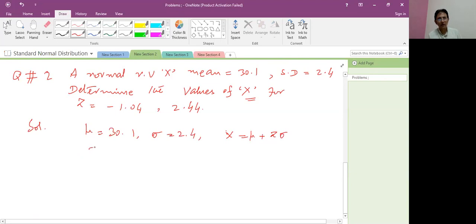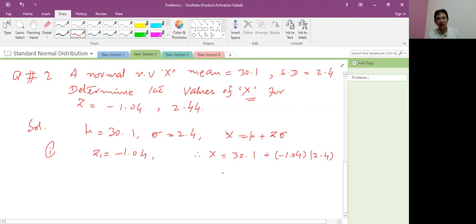So if we put here, in the first part, z is minus 1.04, student. So therefore, x is equal to mu, 30.1, plus z, minus 1.04, times sigma, 2.4.